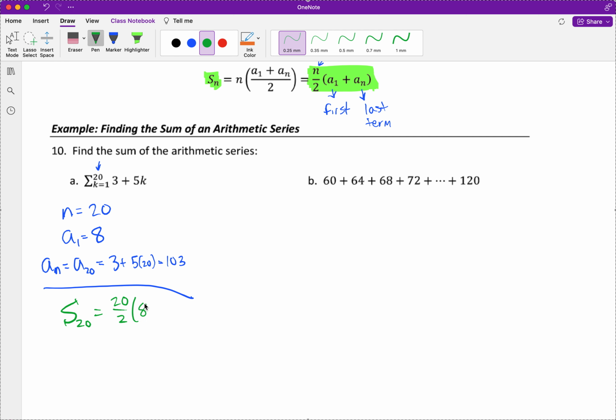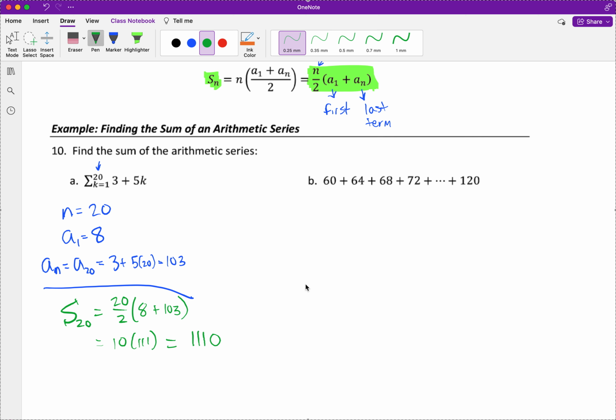And then my first term, 8, plus my last term, 103. And if I use a calculator to figure all this out, or technically you don't need a calculator, the sum of these is going to be 1110. And there you go.